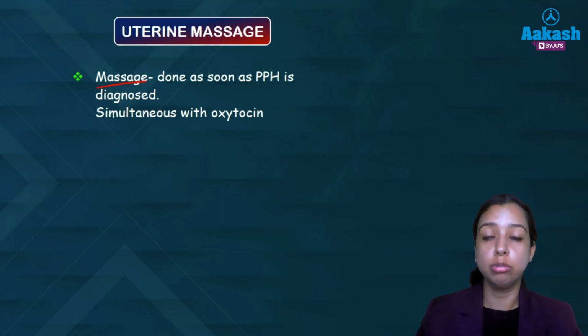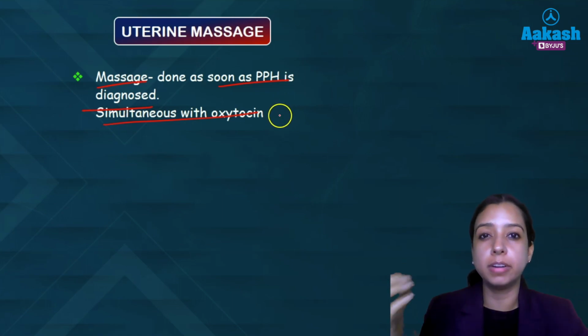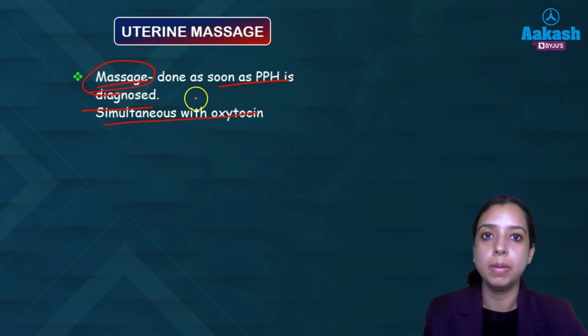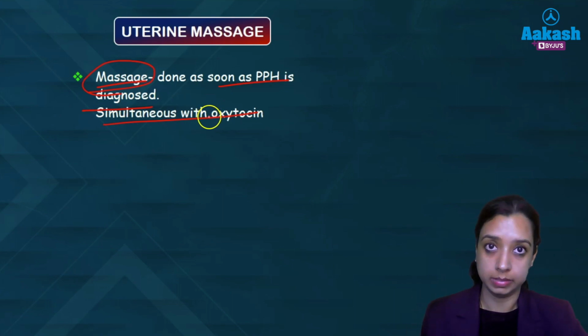So uterine massage, though it's a conservative measure, is started as soon as the PPH is diagnosed, along with oxytocin. So if the sequence of PPH management is asked, then after general management, your first step, even before oxytocin, is massage. Okay, as soon as you see it is atonic, uterine massage is your first step along with oxytocin. Okay, so it's a temporary measure and it can control the PPH very well.